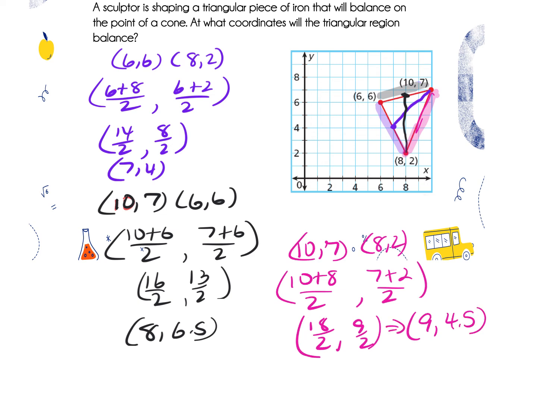So I'll go ahead and plot that one. And then I can draw in my last median.